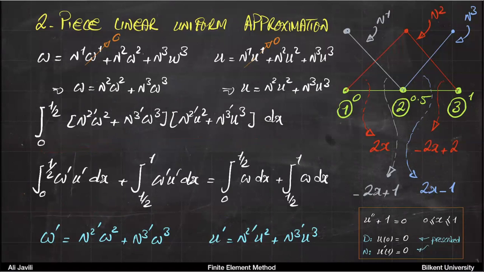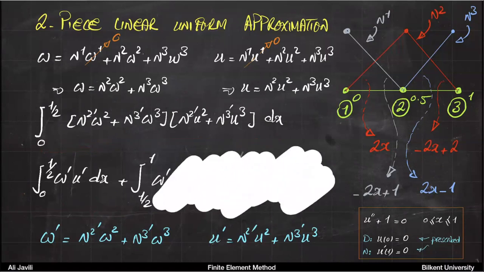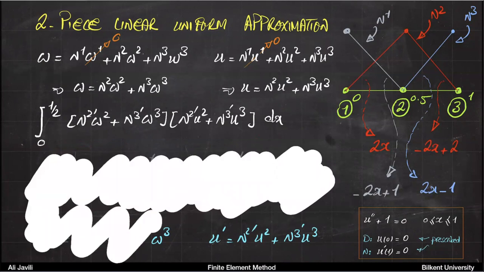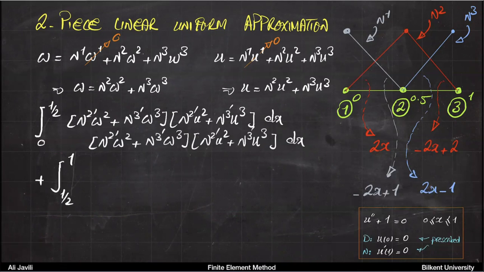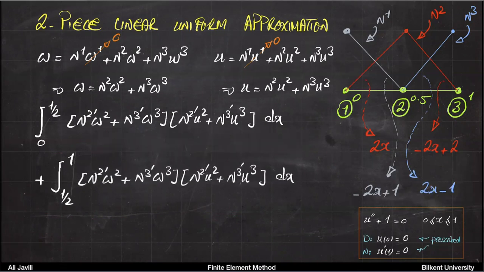Then I will write the other terms too now, just so that you know that's the way we are going to construct this. So that's the first one. Then you would have plus the integral again from 1/2 to 1. Pay attention that the second time I write this, it's exactly the same thing I wrote before, just over a different domain. So all I have to do is copy paste that thing.